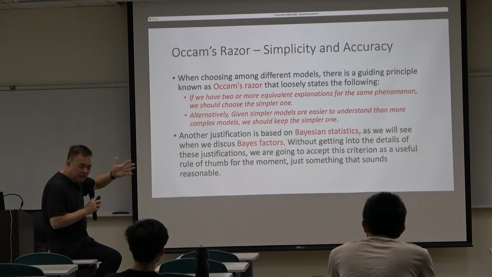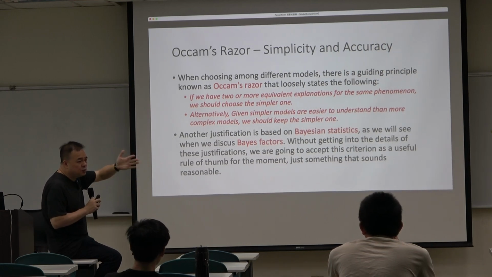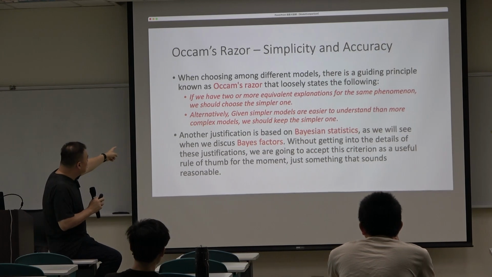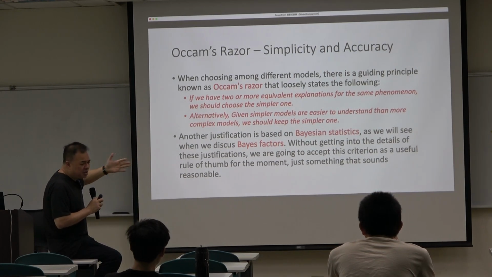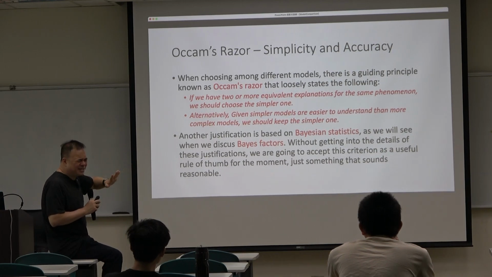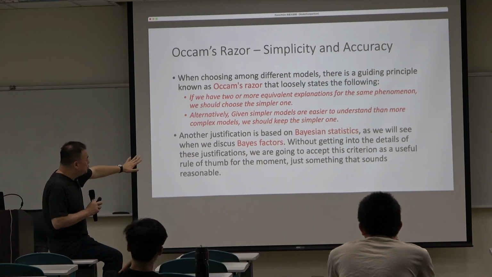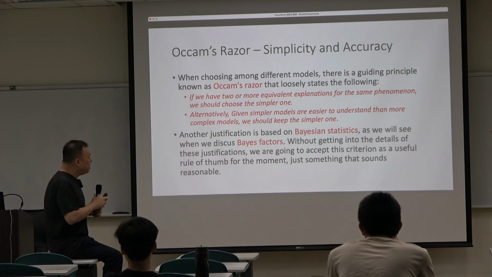Of course, this is the assumption. If they roughly have the same expressive power for a phenomenon, then you should choose the simpler one. The second one tells you, if two models perform roughly the same, then you should pick the simpler one.